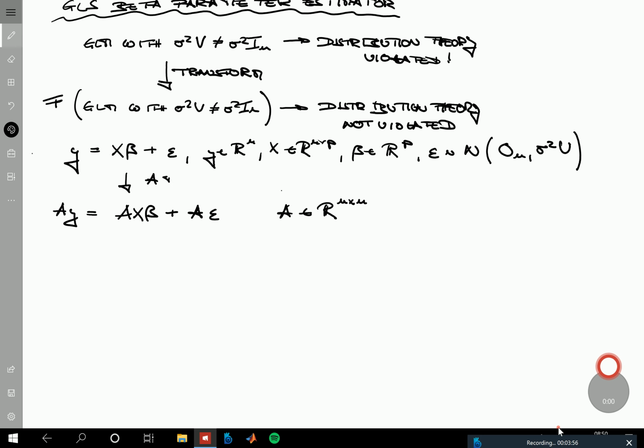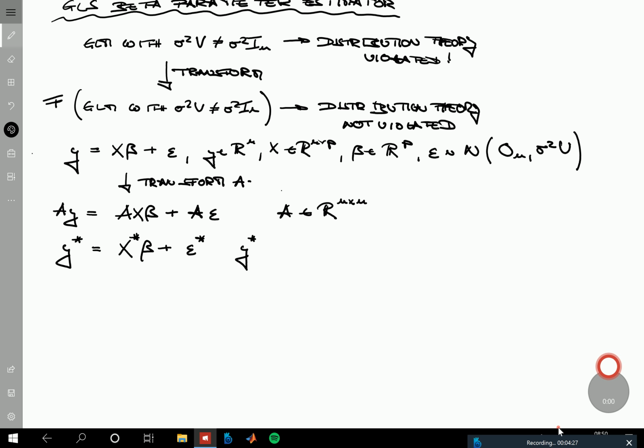So A is a square matrix, a multiplication transform, and the transform is to pre-multiply on both sides with a matrix A. So then we can write this as again a GLM, where we define these entities as follows.